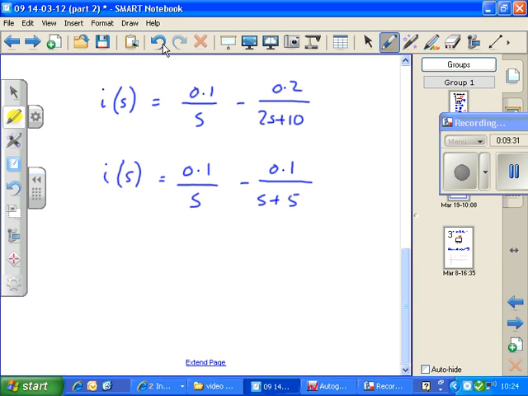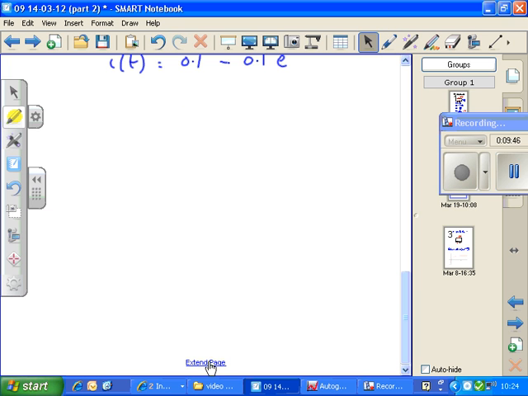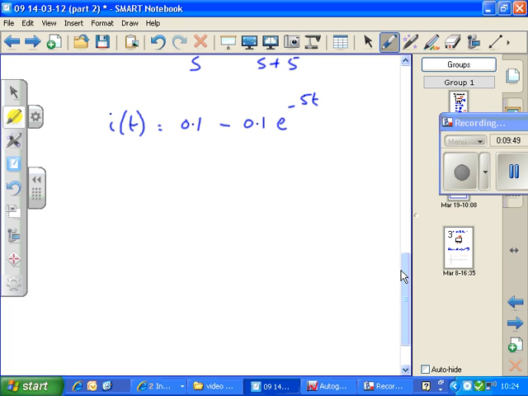And we should get that i equals 0.1 minus 0.1 e to the minus 5t. We can make that look familiar by factorising and taking 0.1 outside the bracket, which is a common thing to do because that will leave us 1 minus e to the minus 5t inside the bracket, and hopefully you recognize that as an exponential growth to a limit.